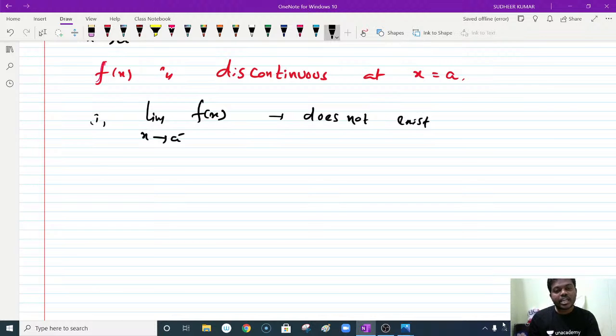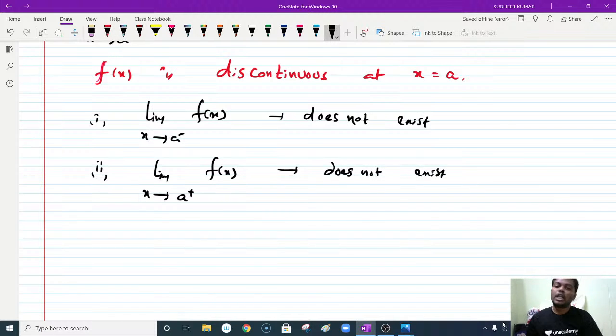Right, and the second condition is limit x tends to a plus f of x, if it does not exist, also we'll say that the function is discontinuous at x equal to a.